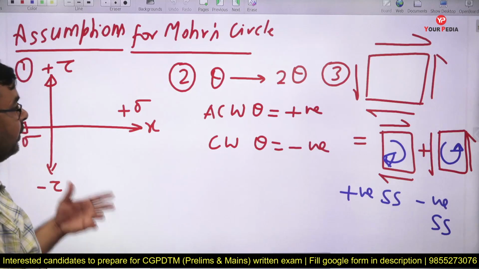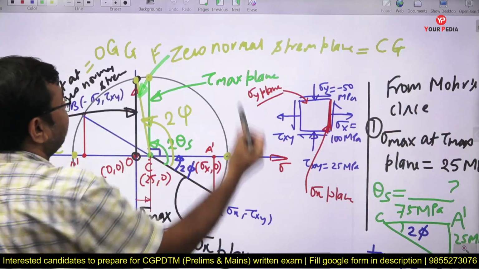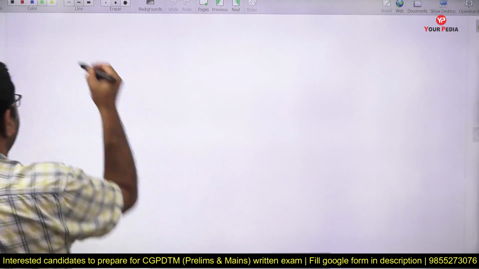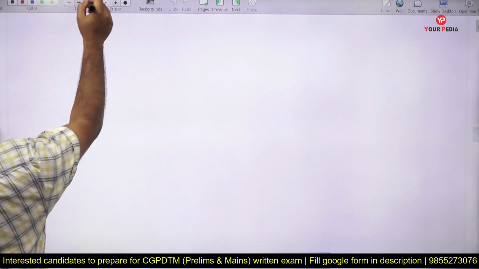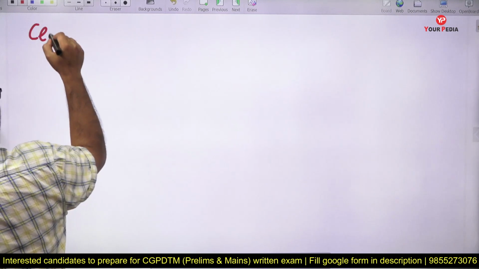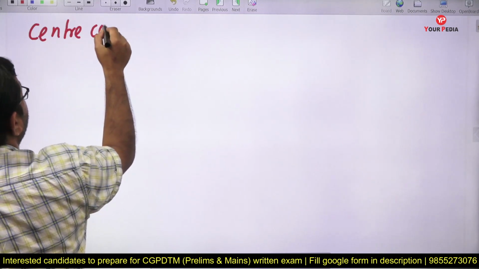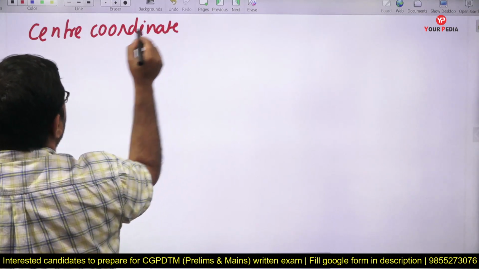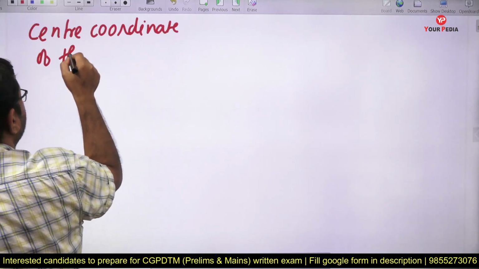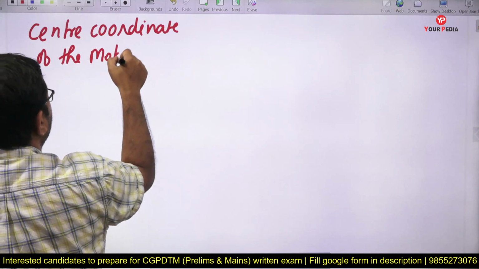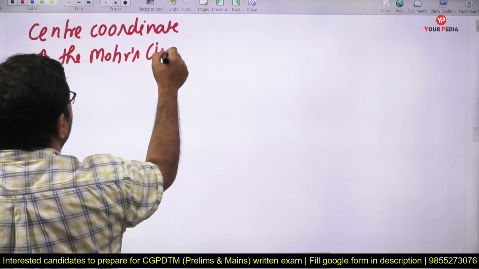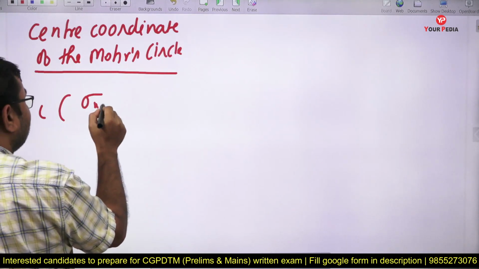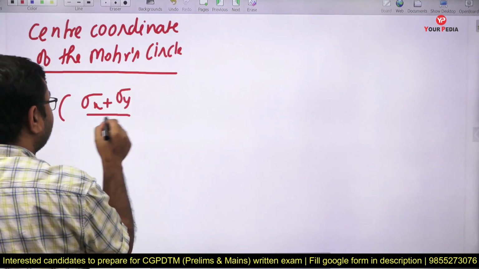You can see I am writing here. The center coordinate of the Mohr circle is represented by this formula, irrespective of the kind of loading.